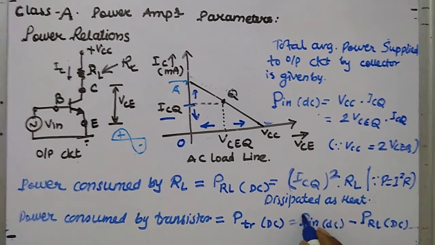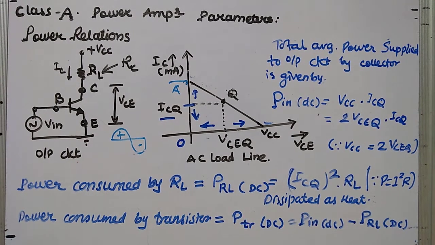So this is the actual power consumed by the transistor. Now this power consumed by the transistor is utilized in two parts. So we'll see what the two parts are. Part of the power is utilized to develop the AC power across the RL, and the remaining part is dissipated as heat.